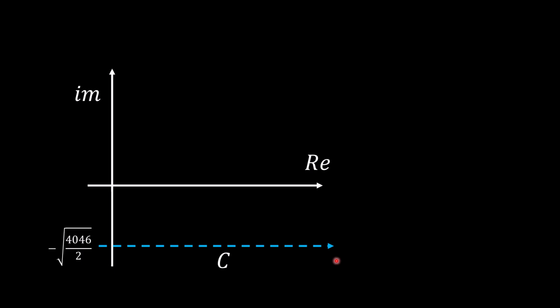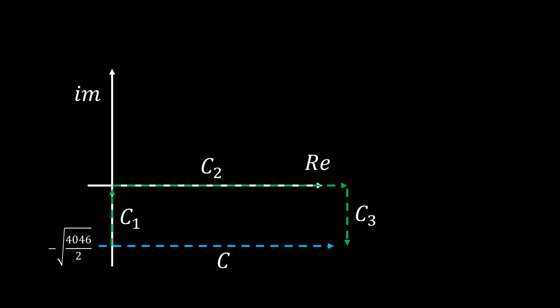If our contour of integration is c, then the alternative contour for the integration would be c1, which means we go back to the origin, and then from the origin go all the way to infinity, and from there we drop down using c3.